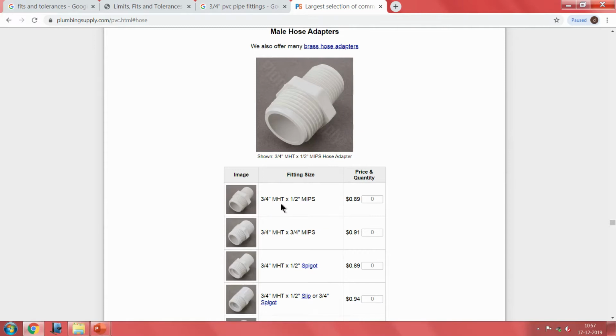So you see here why I have picked this: you have something saying 3/4 inch to 1/2 inch and 3/4 inch to 3/4 inch, and all possible combinations are given here. This is where it is very, very critical how you specify the matching parts and tolerances on these things.